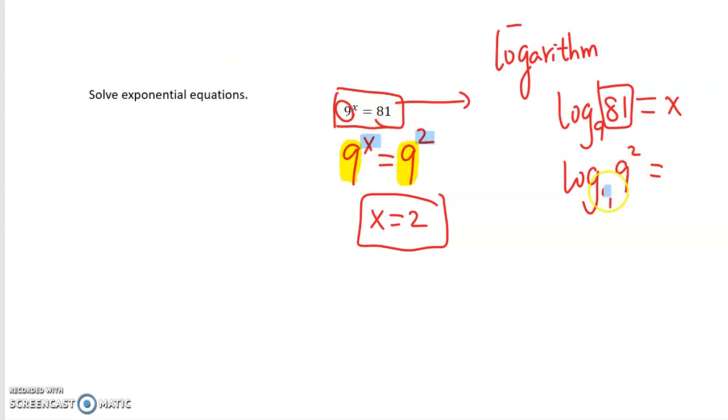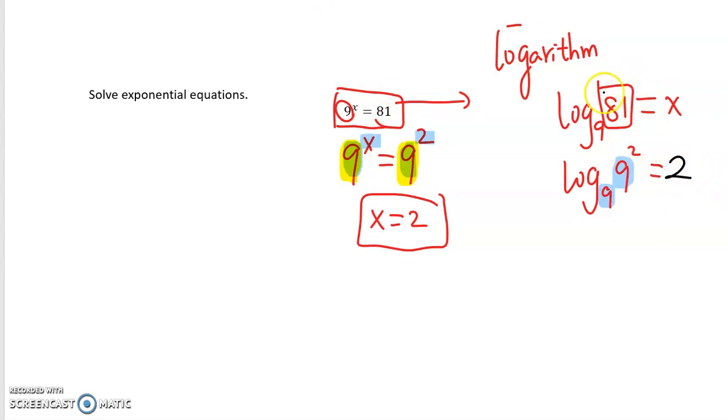The base of the log matches the base 9 on the left-hand side, and the second base is the base of the other number that we rewrote. So now we get the answer, which is equal to 2.